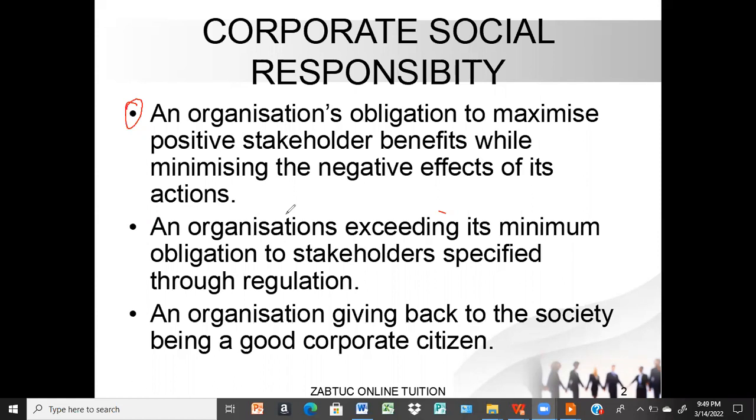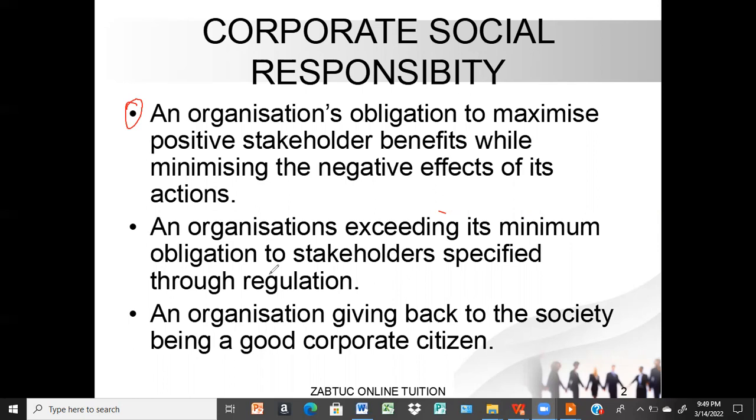So organizations that are socially responsive, what do we expect from them? An organization exceeding its minimum obligation to stakeholders specified through regulation. So there's regulation which stipulates what you must do. But organizations that have adopted CSR, they go beyond that.